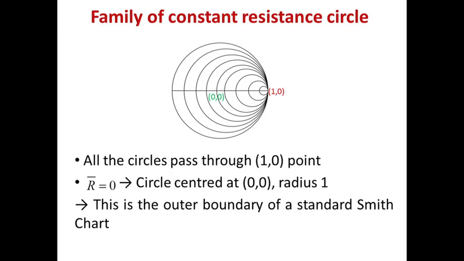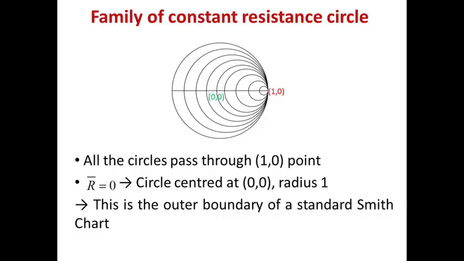So, you see if we plot the family of constant resistance circles, it looks like this. All these circles are passing through the point 1, 0, all the centers of the various circles are on the real axis, and there is one important point, r bar is equal to 0, that is the outer boundary of the whole Smith chart. So, generally we deal with passive circuits in this Smith chart.